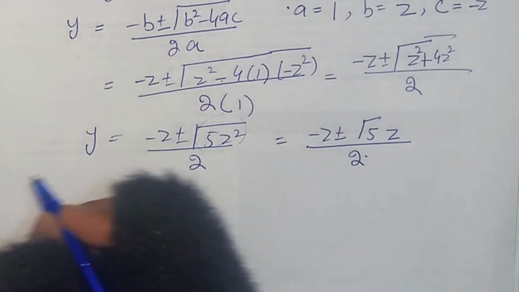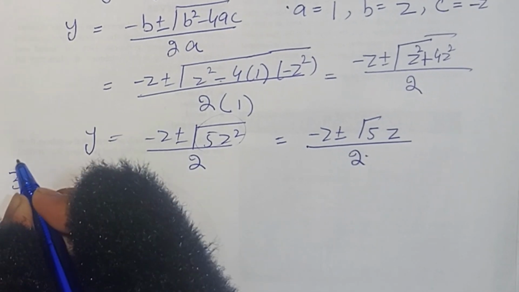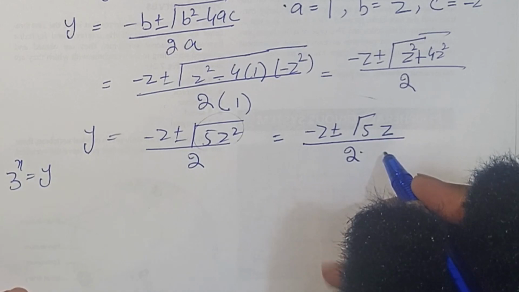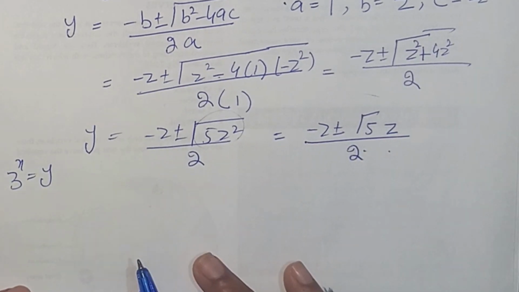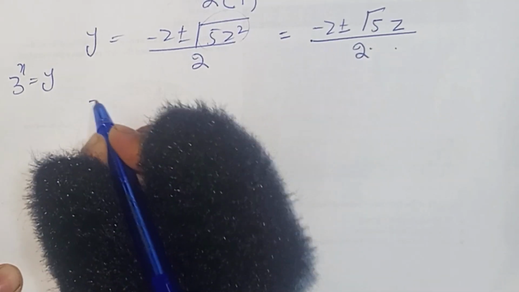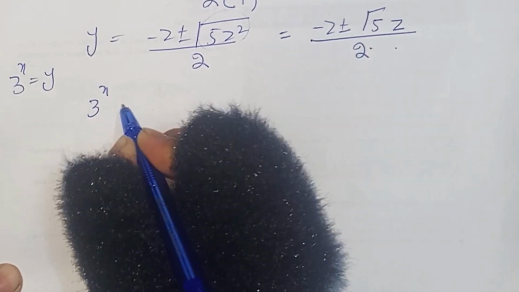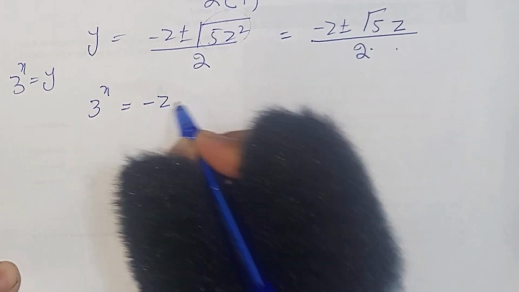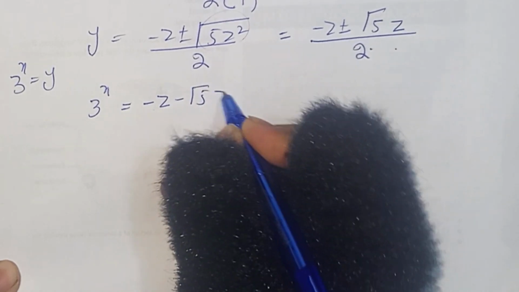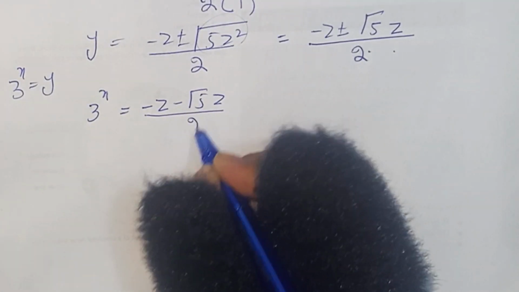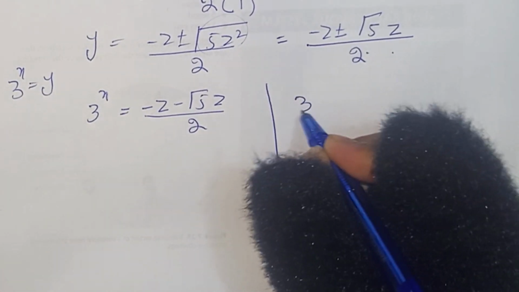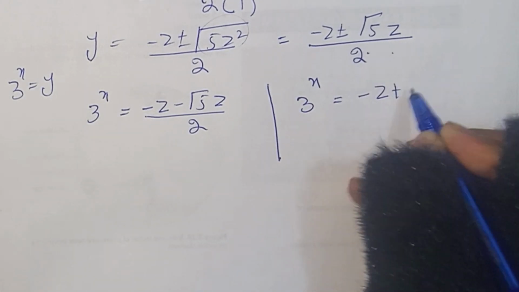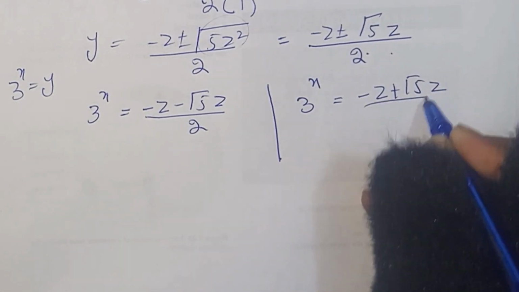At the start of the question, we let 3 raised to the power x equal to y, and y equals this term. So we separate the values: first, 3 raised to the power x is equal to minus z minus square root 5 z over 2, and second, 3 raised to the power x is equal to minus z plus square root 5 z over 2.